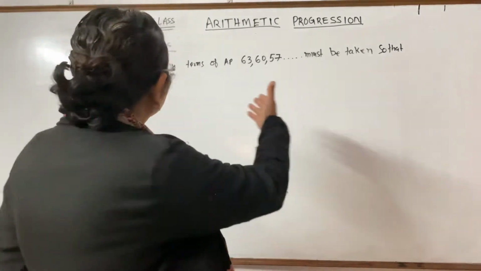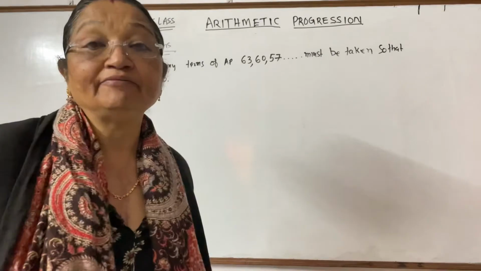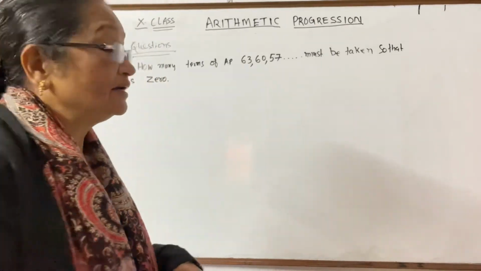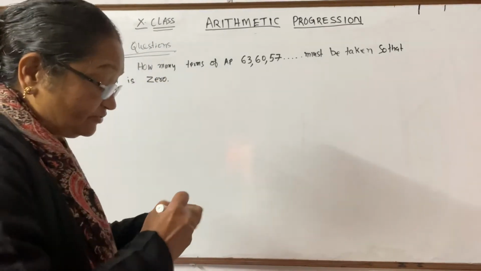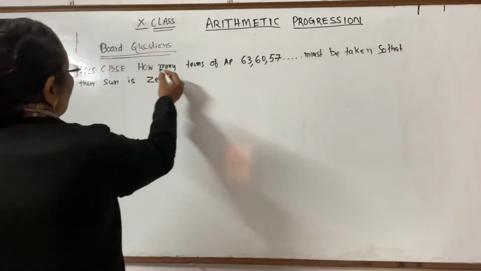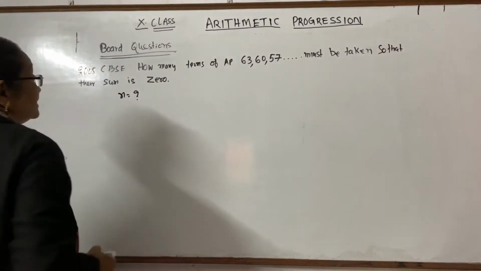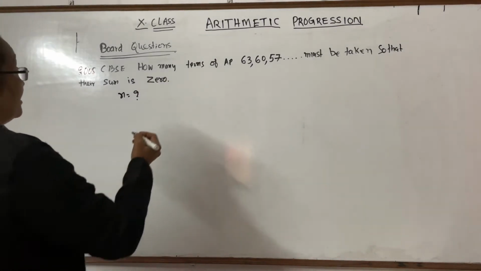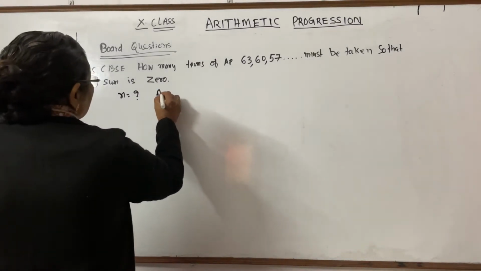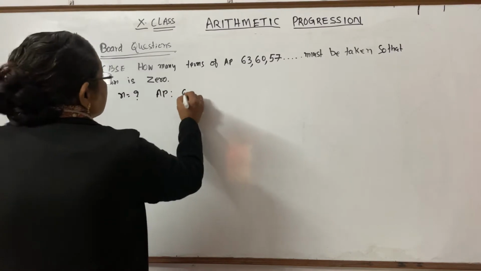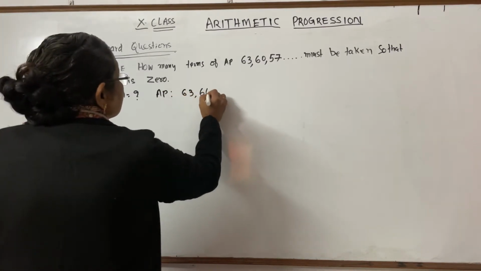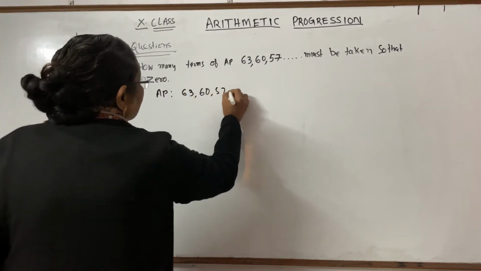So he has given the answer, only we have to prove it. So let's see what he has given, that we shall write down. How many terms? That means n equals. He asked how many terms of the AP. The AP is 63, 60, 57.